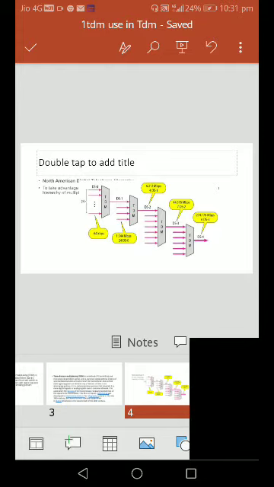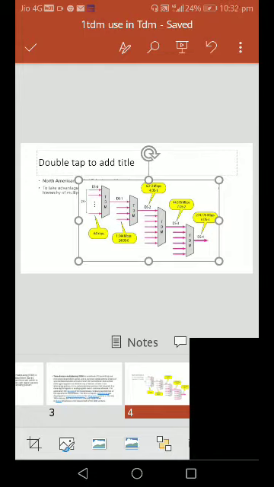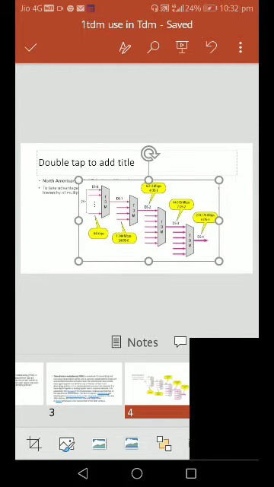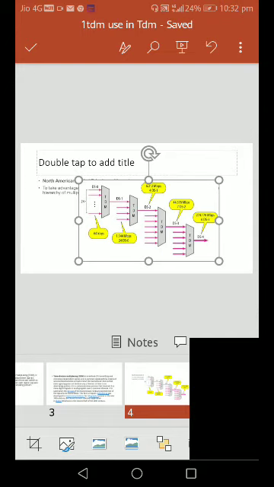DS2 is equal to 4 times DS1, with a bandwidth of 6.312 megabits per second.